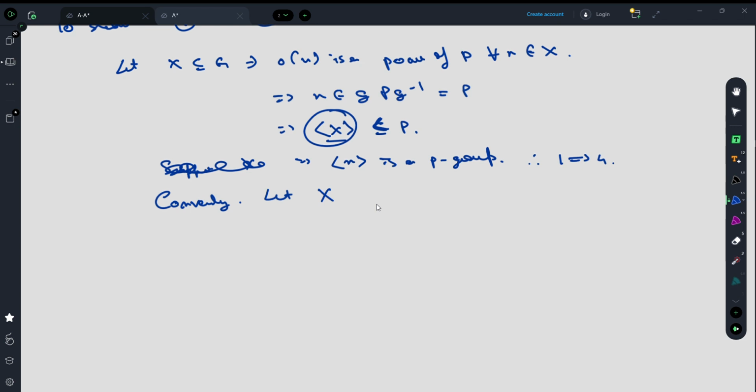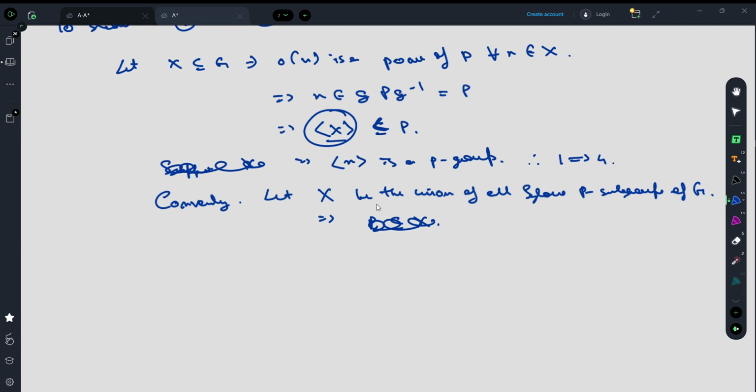What can you say about the converse? Conversely, what we do is that we assume X to be the union of all Sylow p subgroups. So let X be the union of all Sylow p subgroups of G. Then that implies clearly P is a subset of X, right?